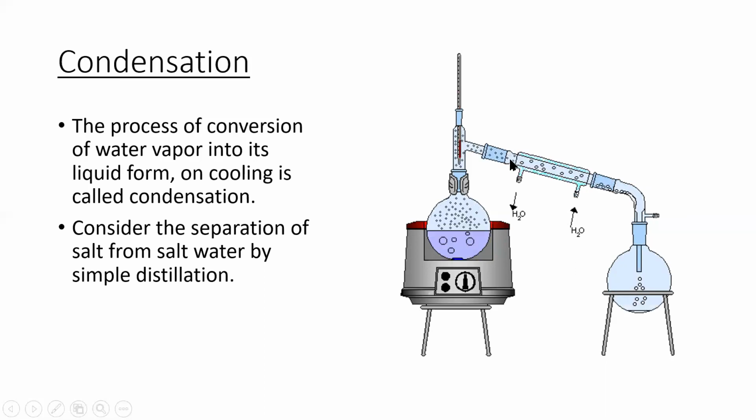Okay, as this water vapor comes in contact with the cold water, it condenses, and the vapor gets converted into liquid molecules, and drop by drop that gets collected into another container. So this is how pure water, distilled water, is obtained, and at the end what will remain in the round bottom flask is nothing but salt. So this condensation is one of the separation processes and a very important process.